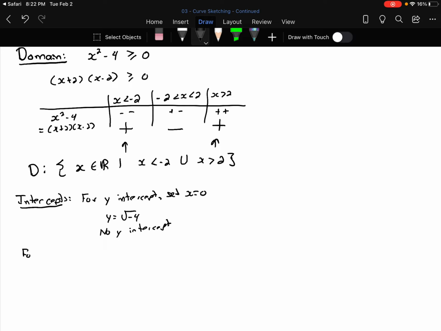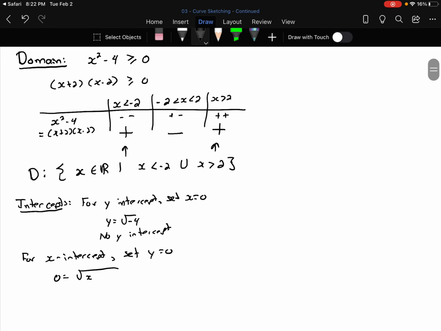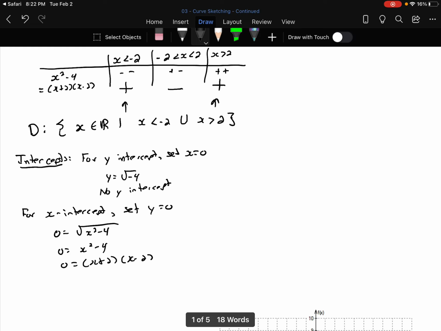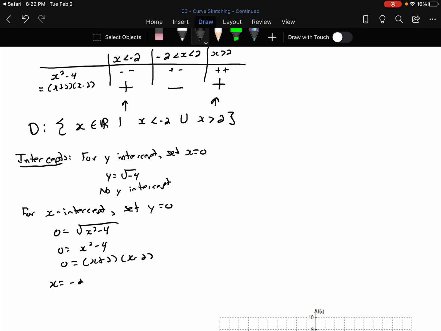And then for the x-intercept, set y equal to 0, so I get 0 equals the square root of x squared minus 4. So I get 0 equals x squared minus 4. So I get x equals negative 2 or x equals positive 2.